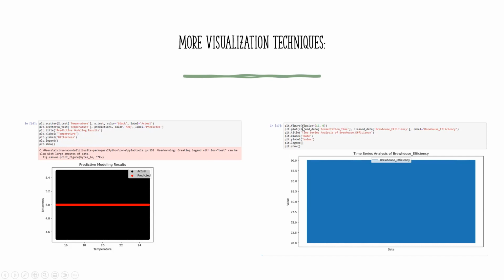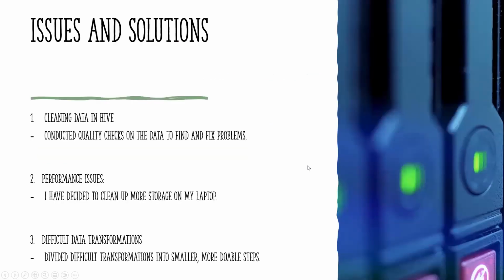After that, I did plot figure, and I chose fermentation time and brew house efficiency columns. Yes, I started doing time series analysis. This is what I got. This is date, and this is the value of my histogram.